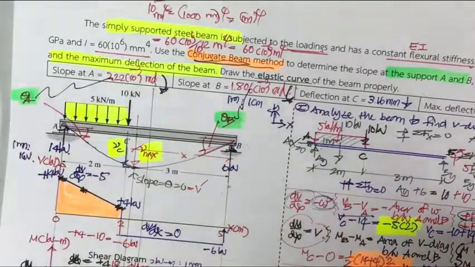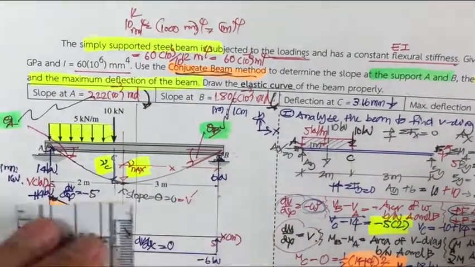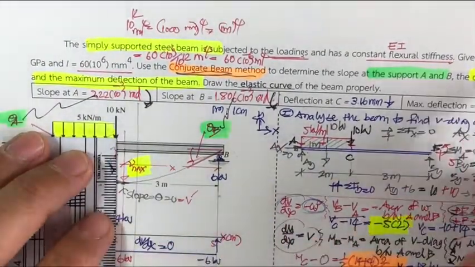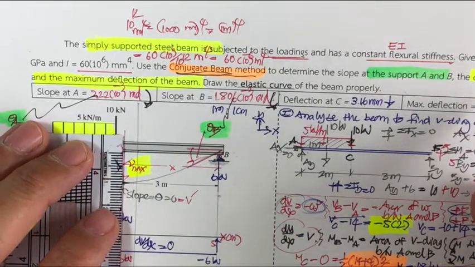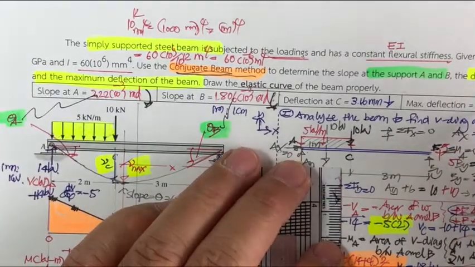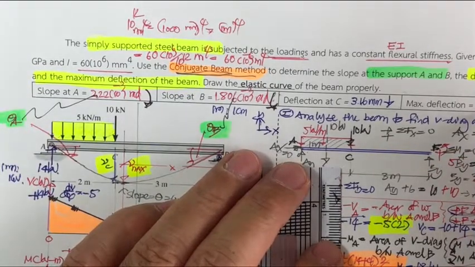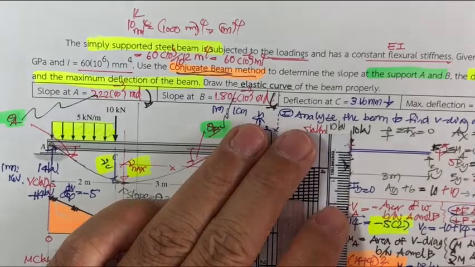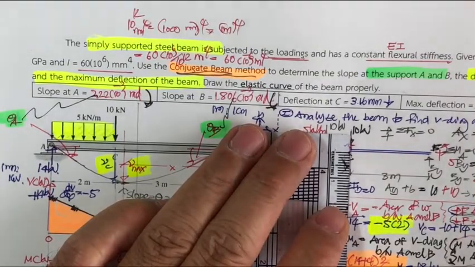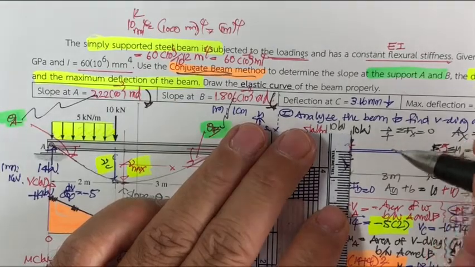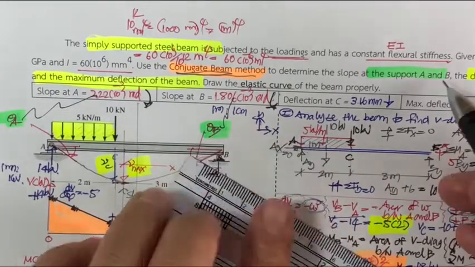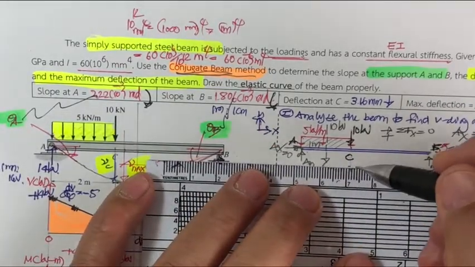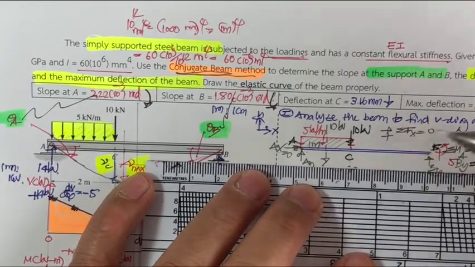Let's check. If you put this one as 3.23, it's going to be hard to do so. That is 6.46. Let me put it to scale, 3 millimeter times 2. This one and this one will be very close.